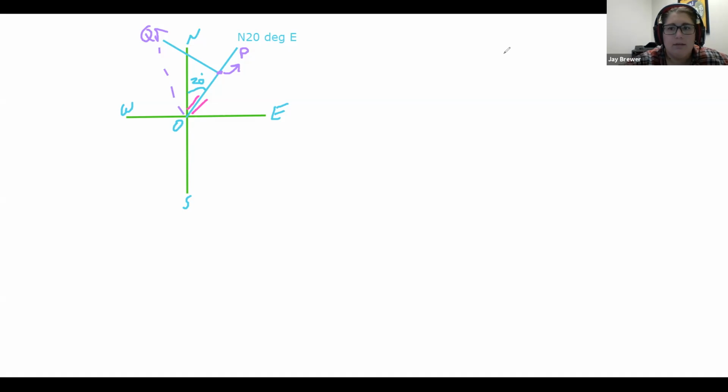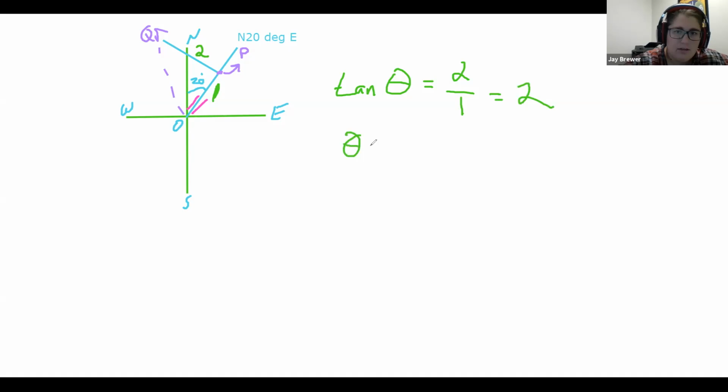Okay, so that's going to be our first thing. So we're going to have tangent theta. And we know that they went for 1 mile and then they turned directions, 2 miles. So if we're using tangent, that's going to be 2 over 1, which is 2. So theta equals tangent inverse of 2.